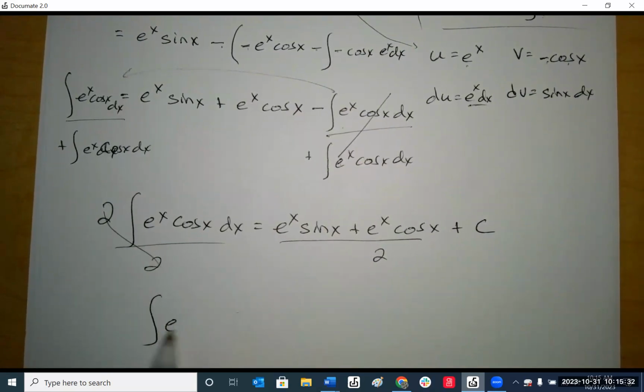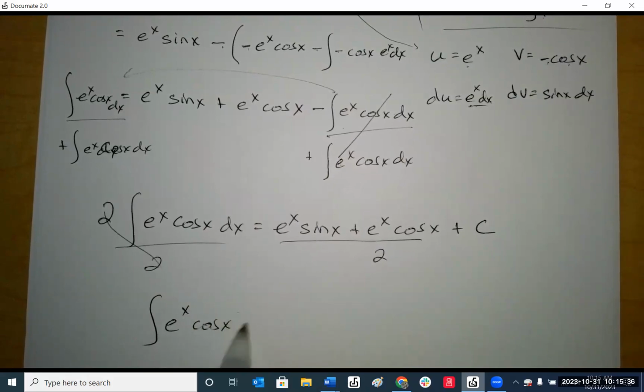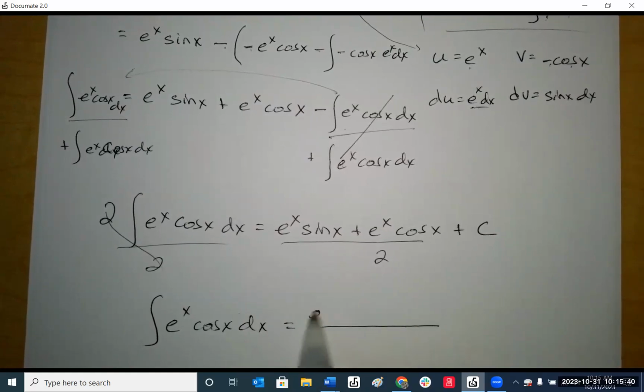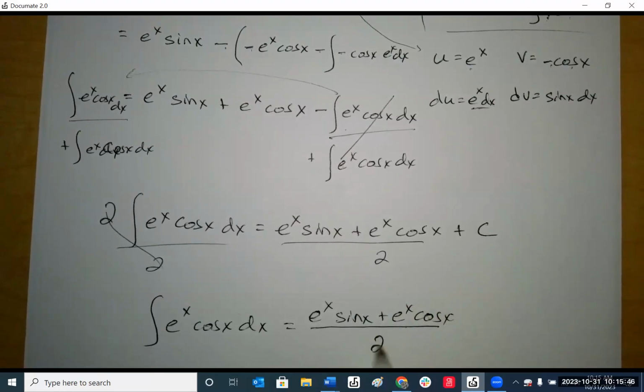So the integral of e to the x cosine x dx is equal to e to the x sine x plus e to the x cosine x, divided by 2, plus c. Yeah, so we just isolated that one term.